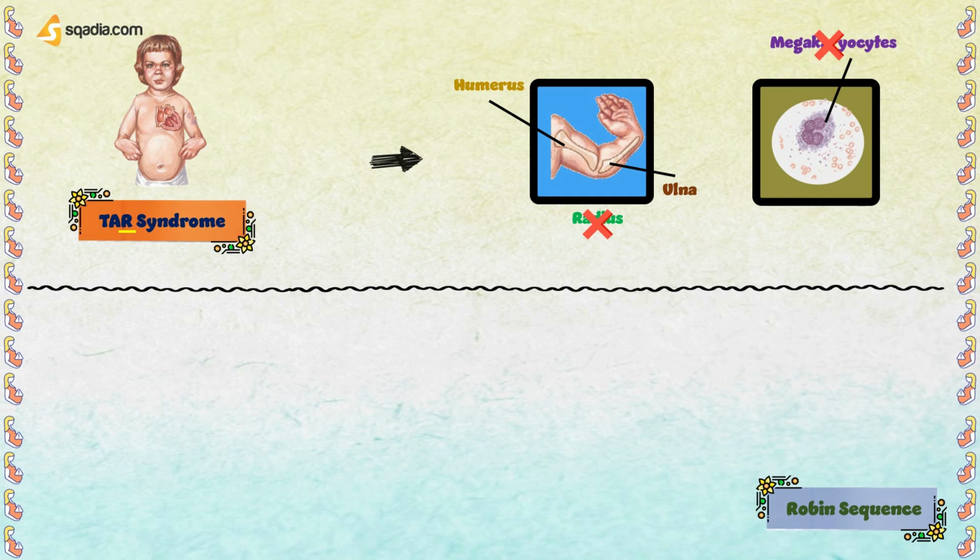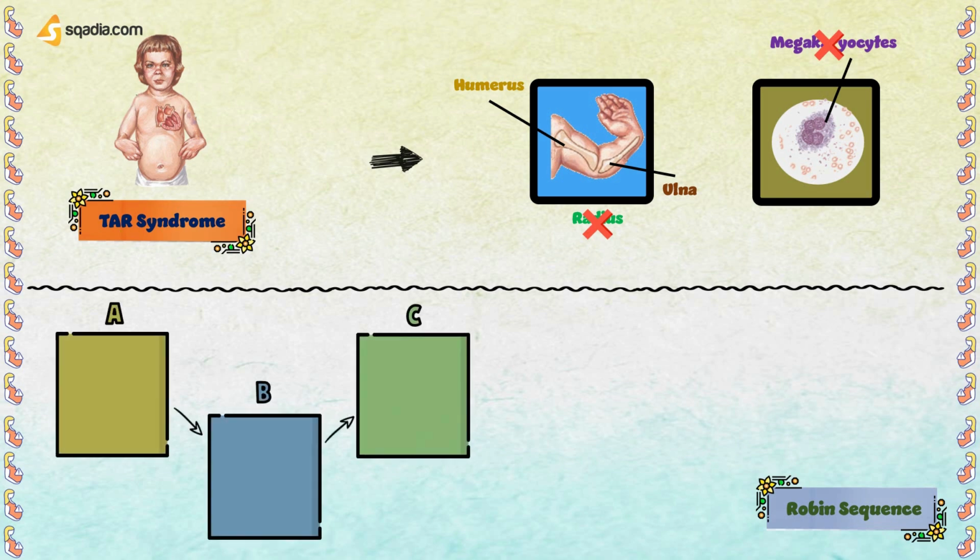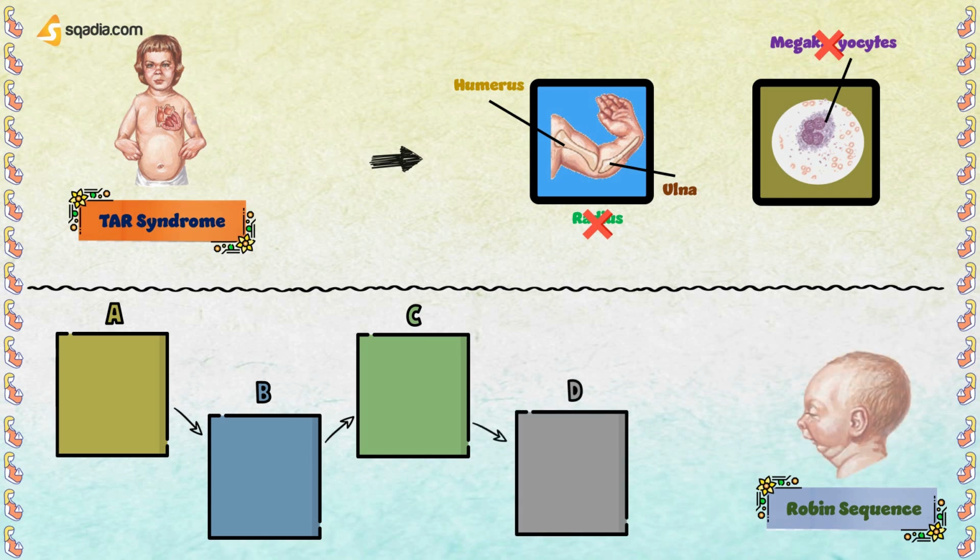Now, John, you tell me what is a sequence? Well, ma'am, sequences are cascades of events. It means A leads to B and B leads to C and C leads to D. Exactly, John. So, this is typical Robin facies with micrognathia. Micrognathia is when the lower jaw is smaller than normal. In some cases, this can cause problems with feeding, breathing and sleeping.